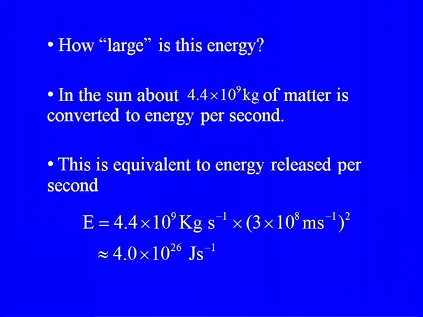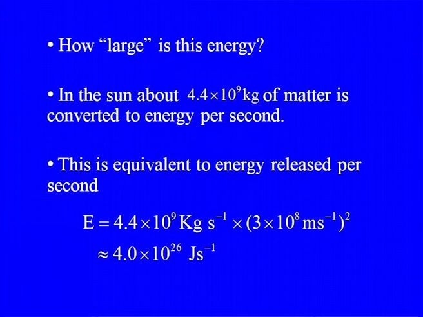And just to give you a feel of the numbers, the amount of energy being converted from matter per second: about 4.4 into 10 to the power 9 kilograms of matter is being converted to energy per second in the sun. So how are you going to find the total energy released per second? That is the total power actually.